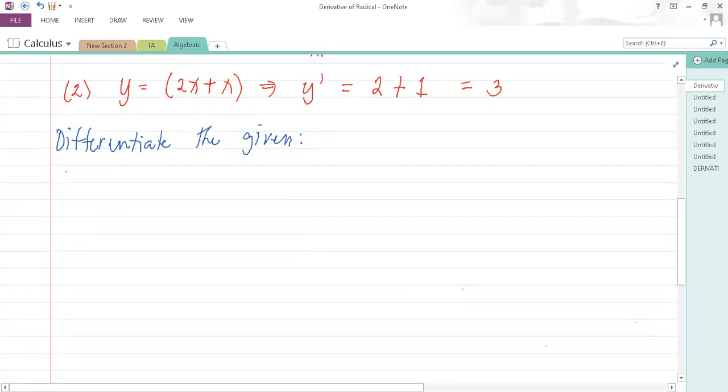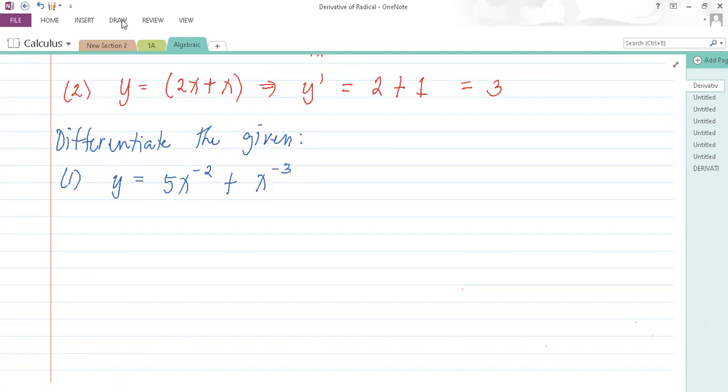Okay, so number 1, say our function is y is equal to 5x raised to negative 2 plus x raised to negative 3.